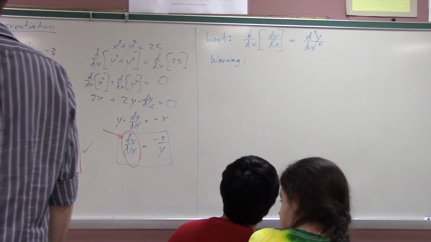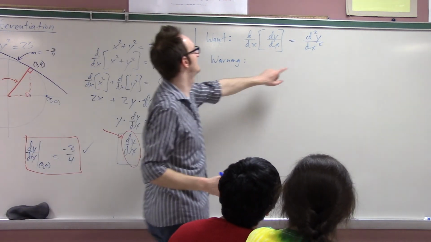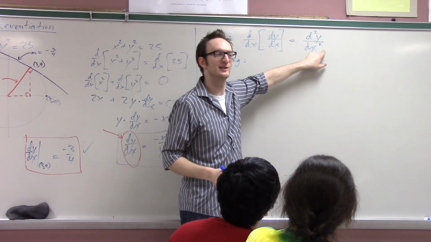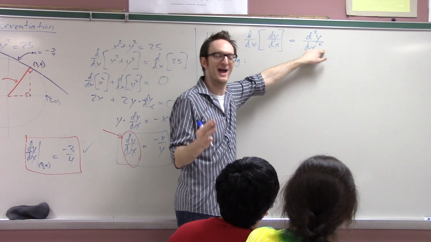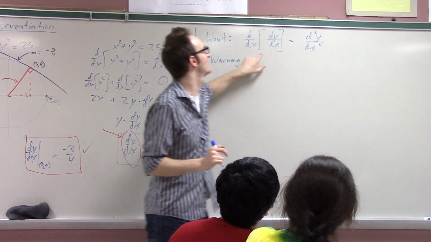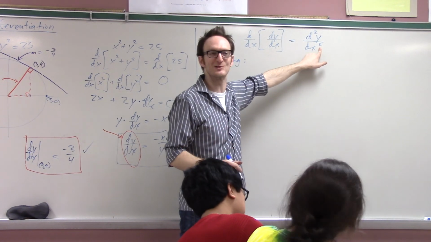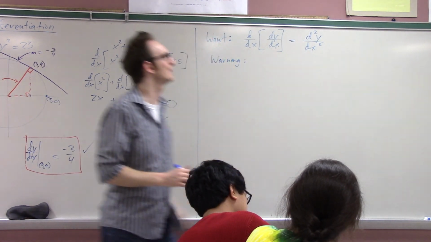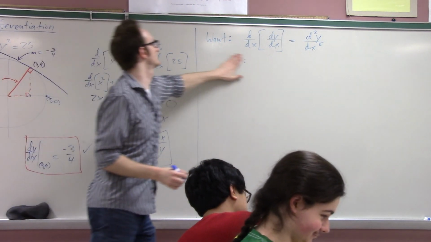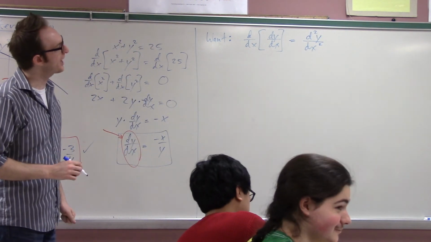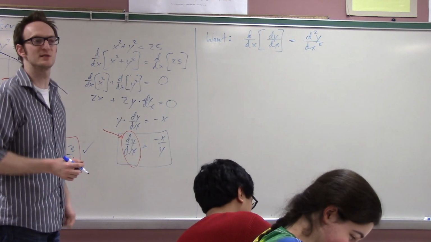It's just some annoying thing. Do not look for deep meaning in this. It's literally just a shorthand that you have to memorize. If you don't like it, you never have to use it. You just have to recognize that that's what it means. So the warning is, don't freak out.